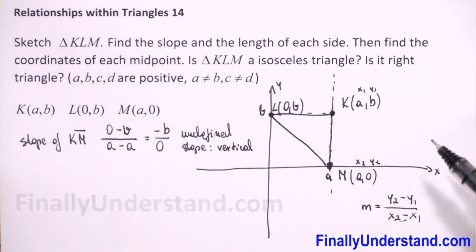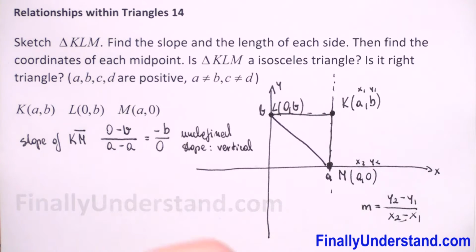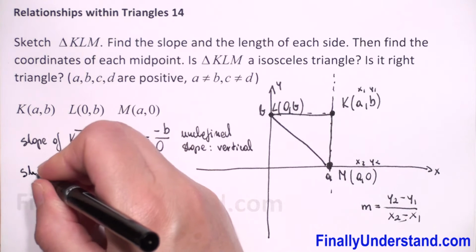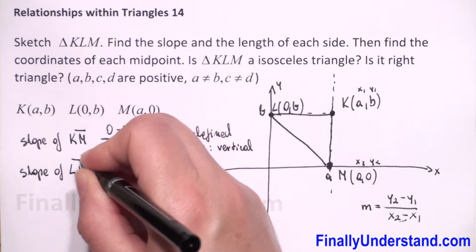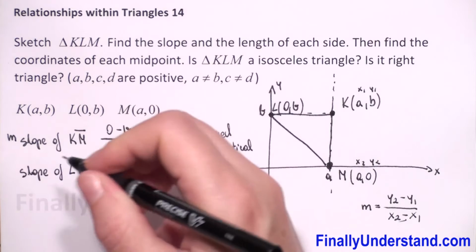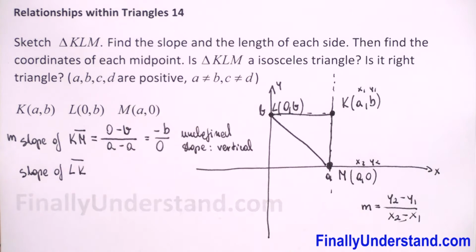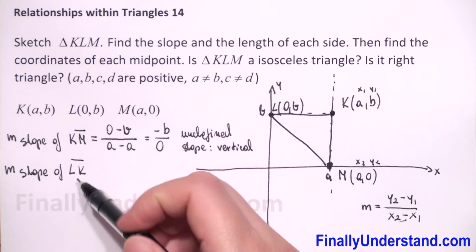Next, we will find the slope of the LK segment. So again, let's say this is m. The slope of KM is undefined, and now we have the slope of LK.